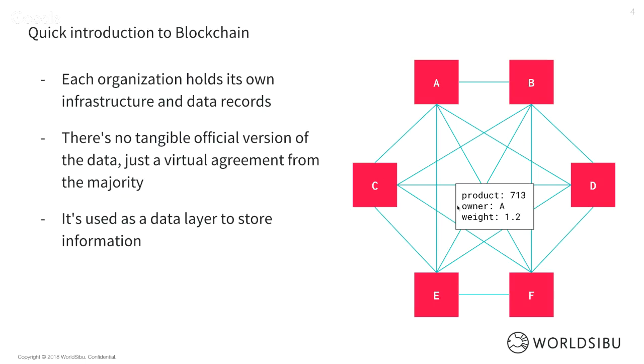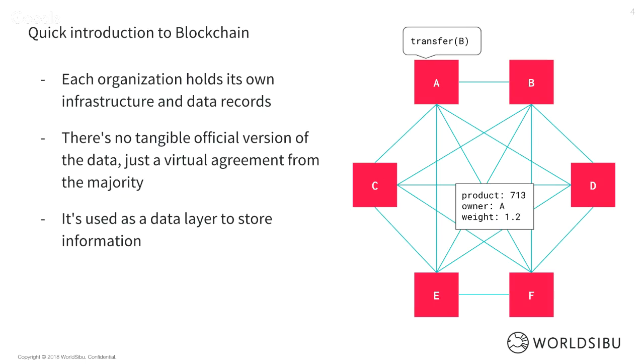What you can see here is that I put the data in the center of this graphic because no one actually owns this piece of data. All the organizations have their own infrastructure, and they are all hosting this data on their own infrastructure.